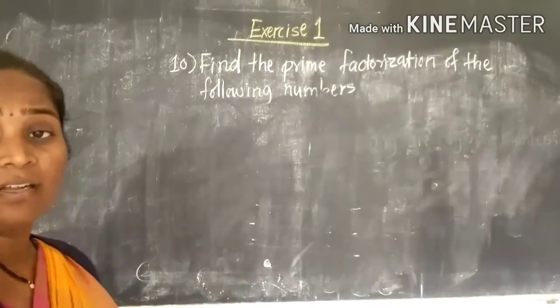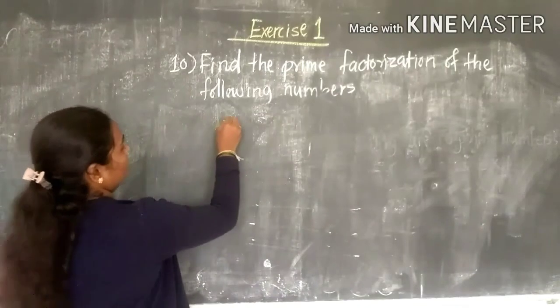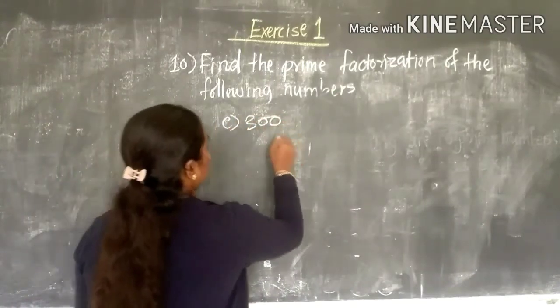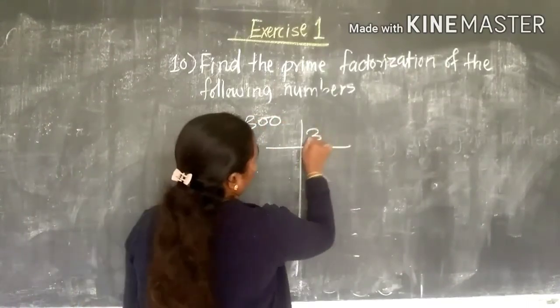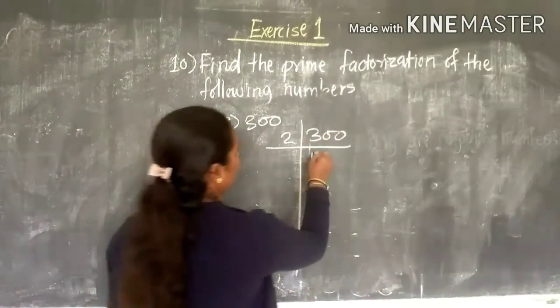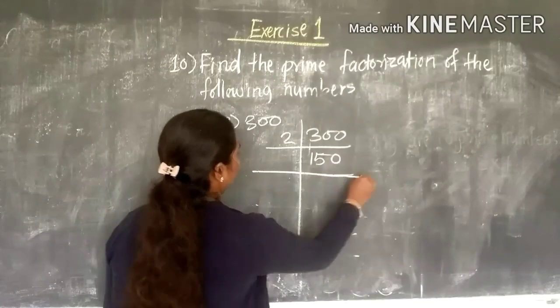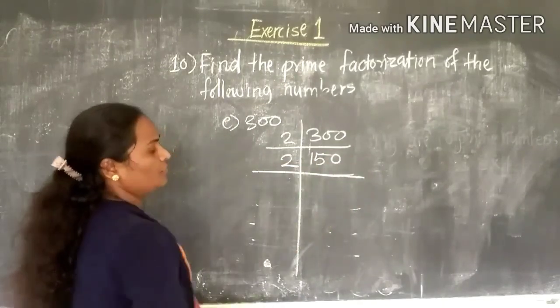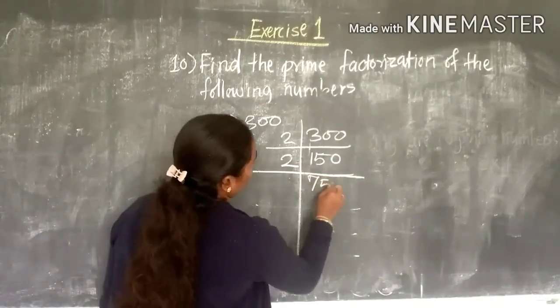Now we are having a very simple number, that is 300. See, 300, 2 1s are 2, then 2 5s are 10, 2 0. Okay. 2 7s are 14, 2 5s are 10.